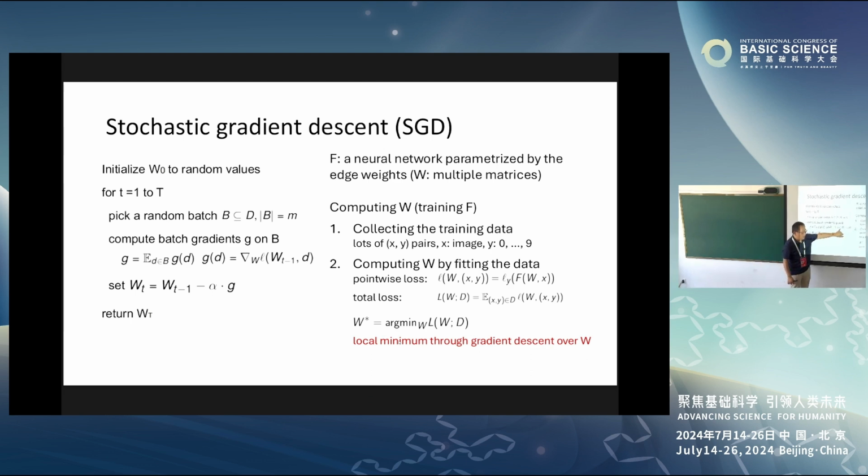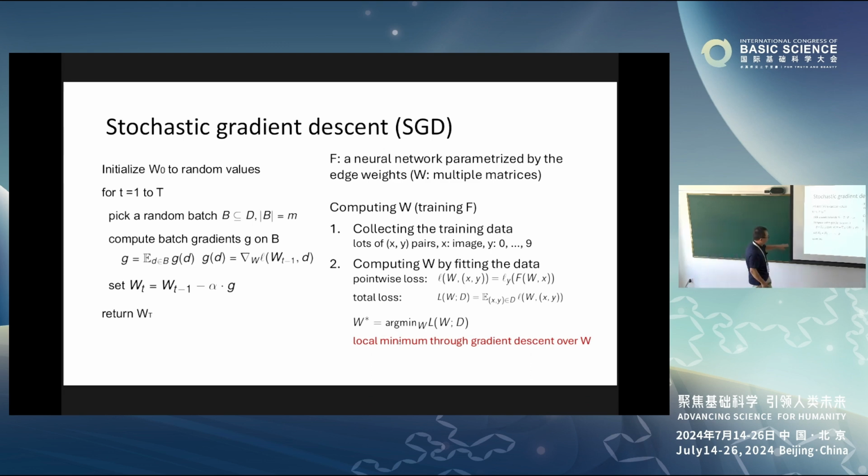Basically, recall we do have a loss function. Then we compute the gradient of the loss function with respect to the weights. Then we want to go down this gradient direction to make that loss small. Of course, we take an expectation over this batch. Basically, this will be a good so-called unbiased estimate of the true full gradient.